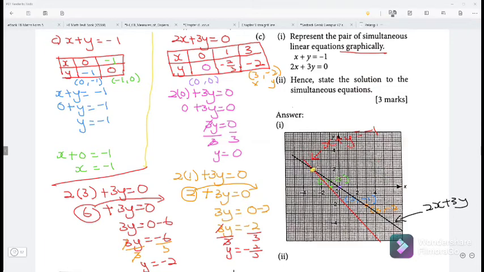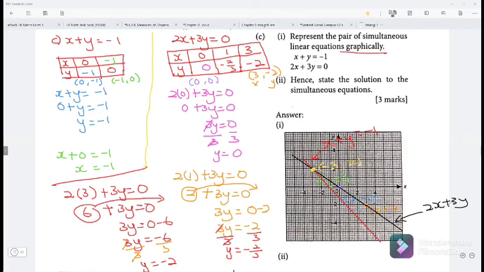So the intersection is supposed to be negative 3 and 2. Okay, this one makes sense. So the point of intersection, that's correct. Just now I see you have 2 lines here. The red color is x plus y equals negative 1.